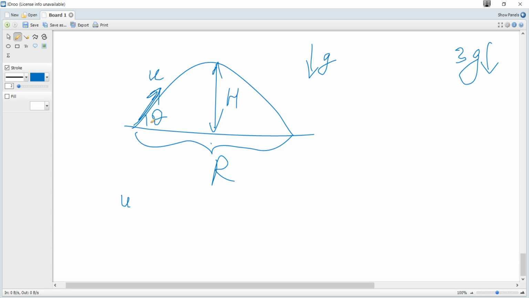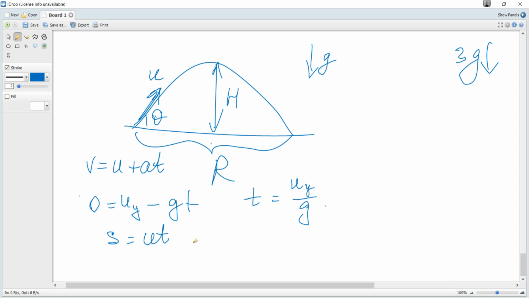So it doesn't matter the angle here, so let the vertical component be uy, and we use the formula v is u plus at, so it becomes 0 is uy minus gt. So time to reach the highest point is uy over g, and using the formula S is ut plus at squared over 2, or actually we can use another formula, the law of conservation of energy.